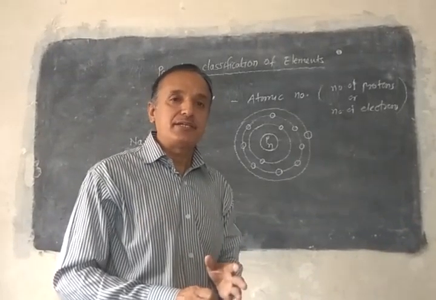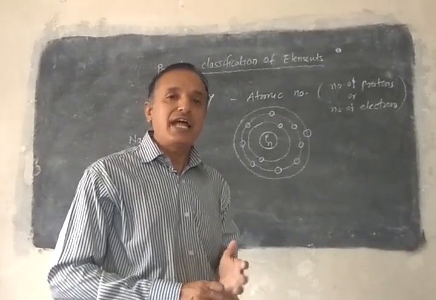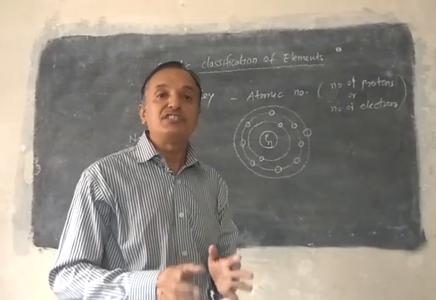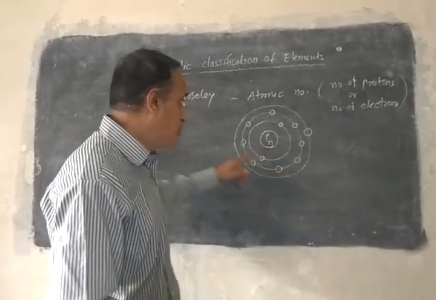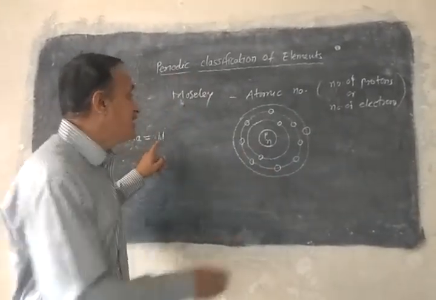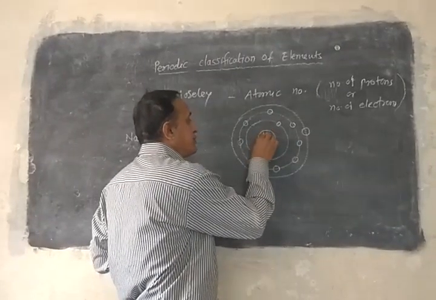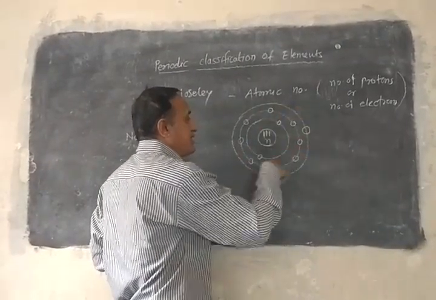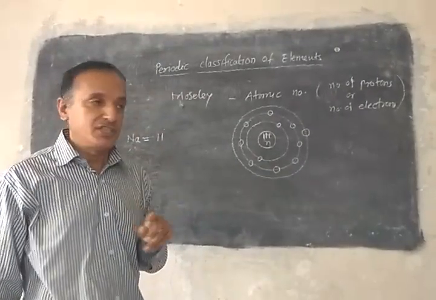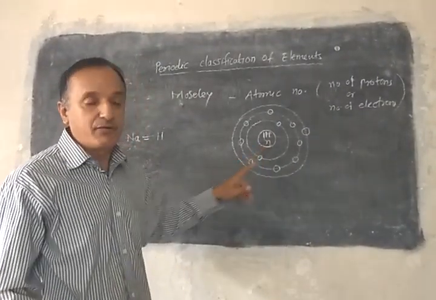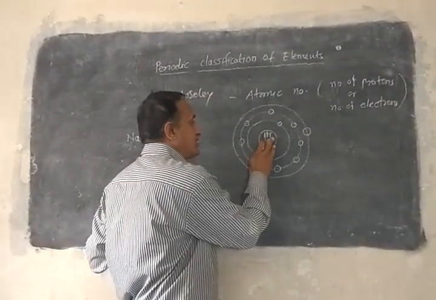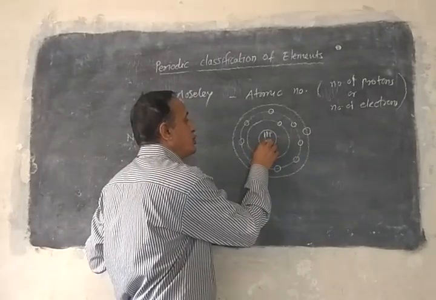So in any atom, the number of protons and the number of electrons are always equal. As it contains 11 protons, it must contain 11 electrons. The number of neutrons may be different. In the case of sodium, it contains 12 neutrons.